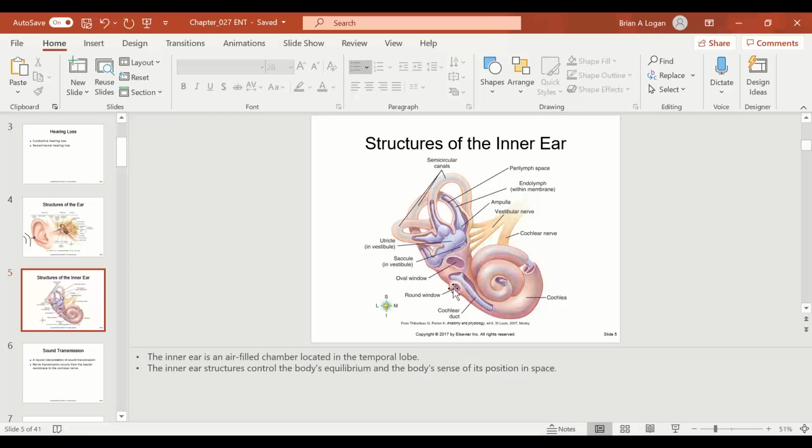So here's where the oval window and the round window are, this is where the stapes connect, sending that signal through the cochlea here. And then there's also a signal for balance.